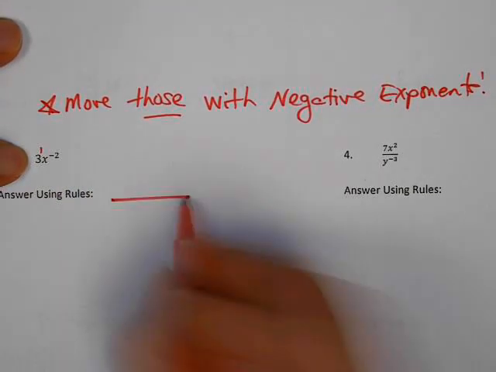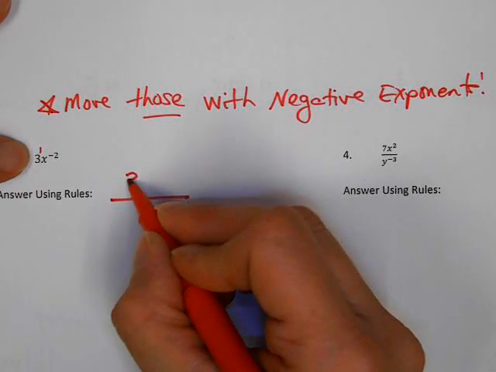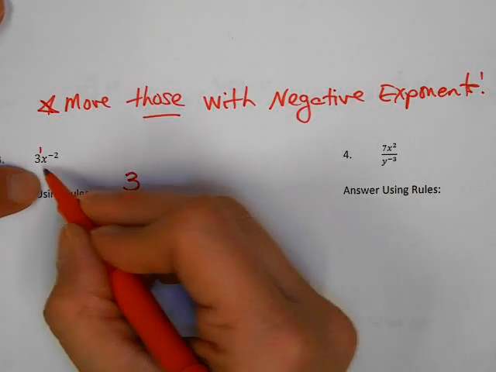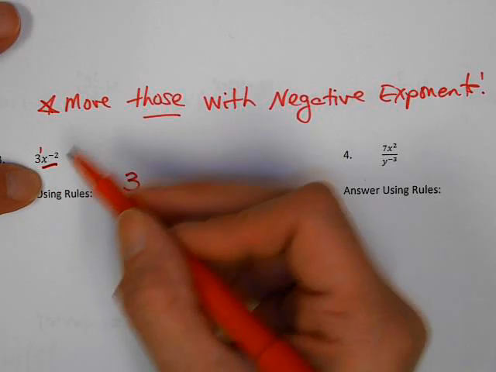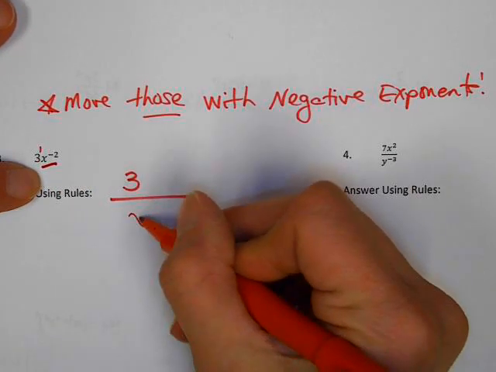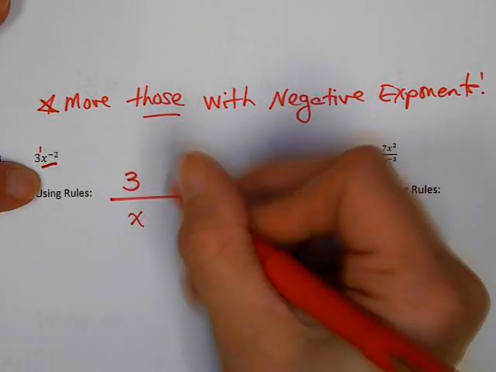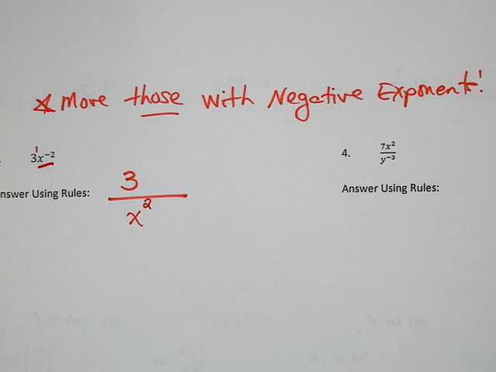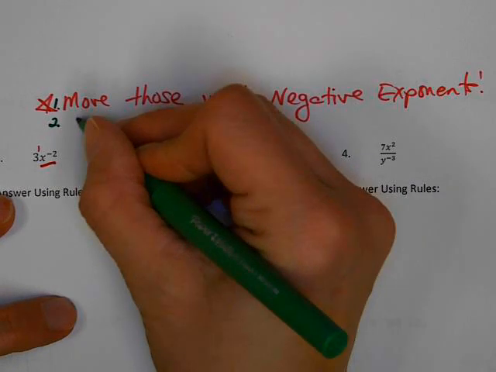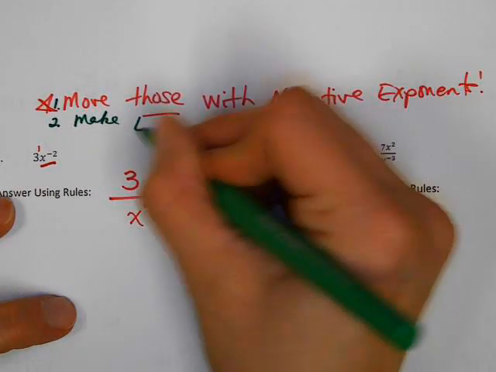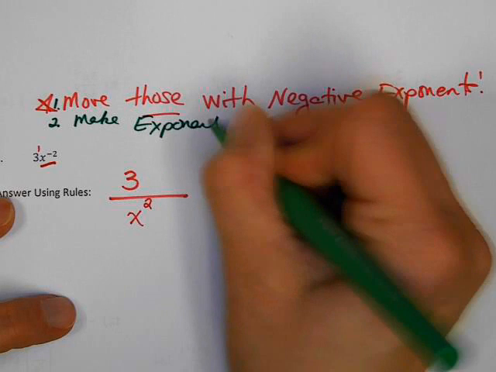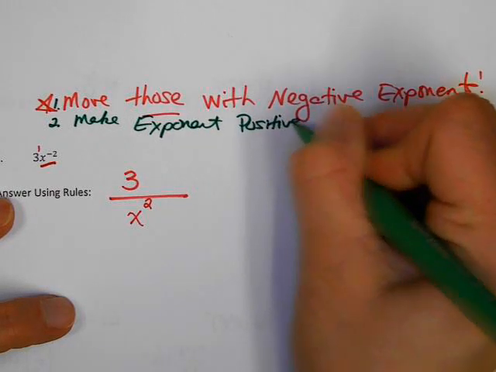Let's draw your fraction bar. 3, you're going to stay in the numerator just like you are. But x is going to have to move into the denominator, and then I'm going to say x to the power of, you have to change the negative 2 into a positive 2. You only move those with negative powers. And then, after you move them, that's step 1. Step 2 is make the exponent positive.